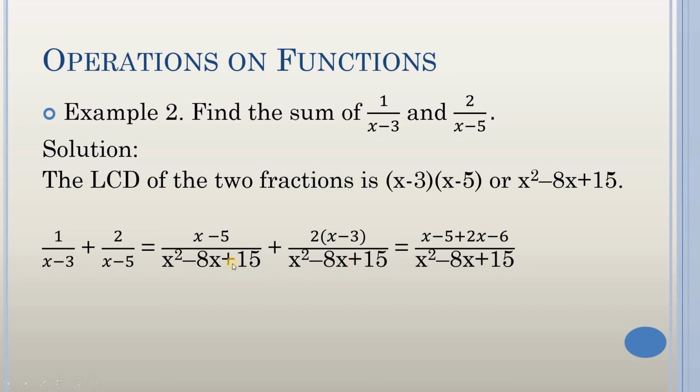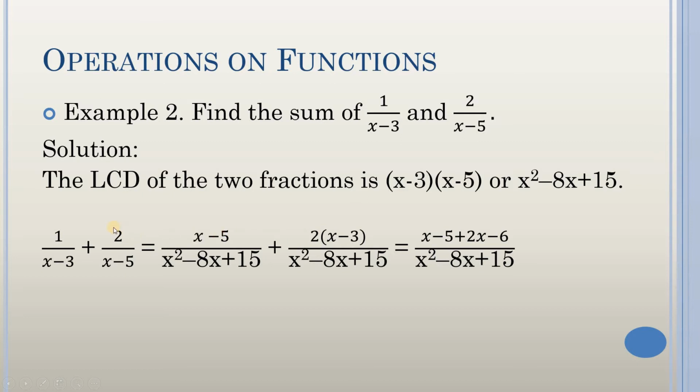So their denominators are now the same. If we divide this trinomial by the binomial x minus 3, it gives a result of x minus 5. So the new numerator is x minus 5, plus the second: dividing x squared minus 8x plus 15 by x minus 5, the remaining quotient is x minus 3.